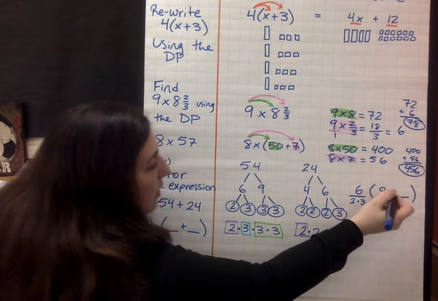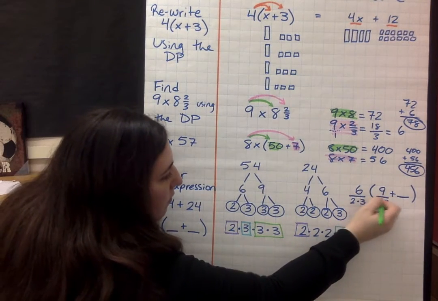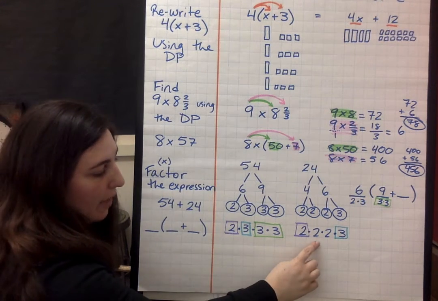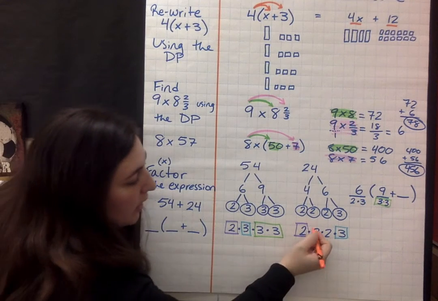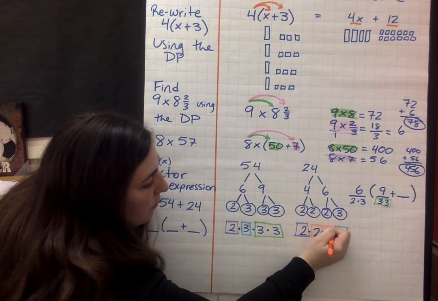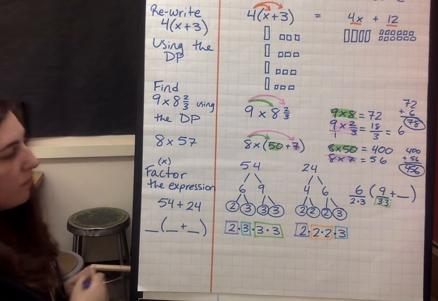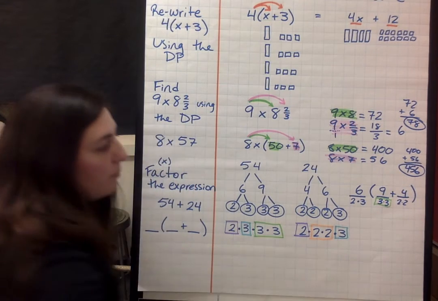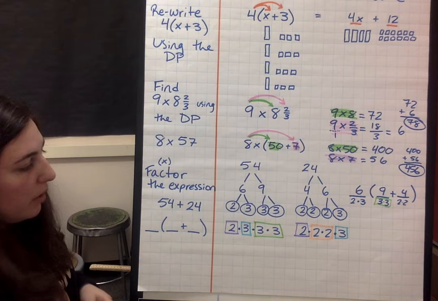And 3 times 3 is 9. Next, I'm going to look at what I have left here. And what I have left is 2 times 2. So I'm going to put that 2 times 2 over here. 2 times 2 is 4. Alright, so I'm just going to quickly color code.